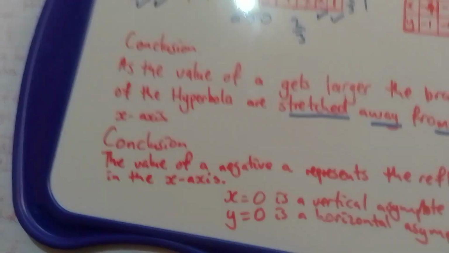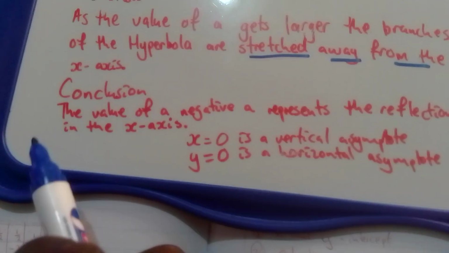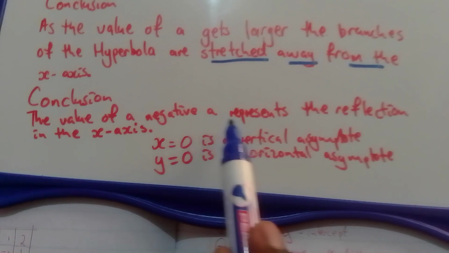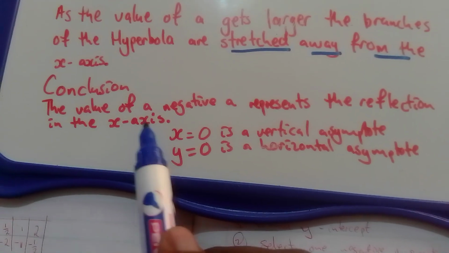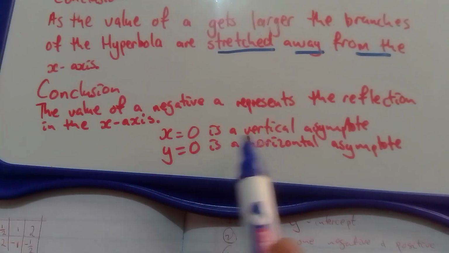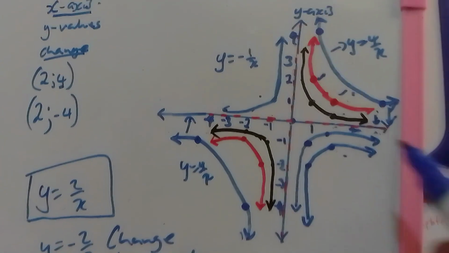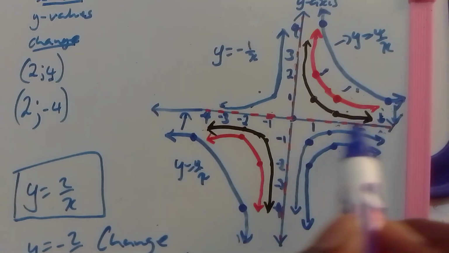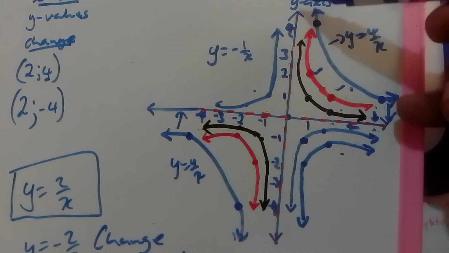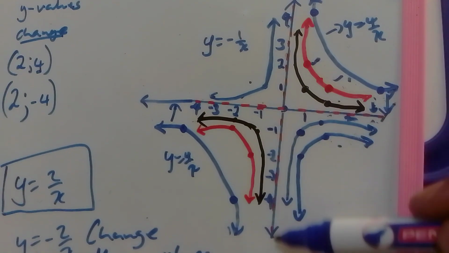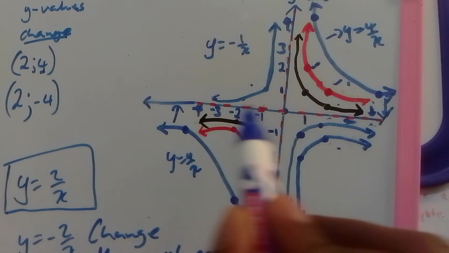And the conclusion here: the value of a negative a represents the reflection in the x-axis, and x is equals to 0 is a vertical asymptote and y is equals to 0 is a horizontal asymptote, meaning to say that if you observe all the graphs that we have here, none of them have touched this x-axis, none of them have touched this y-axis, meaning to say that these broken lines which are in red are representing an asymptote.